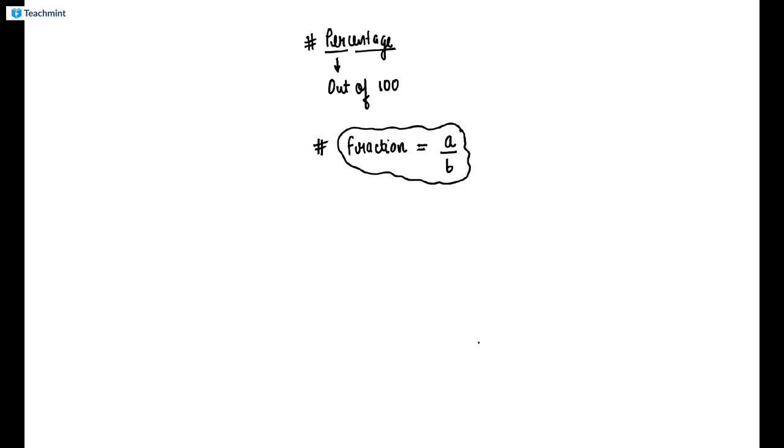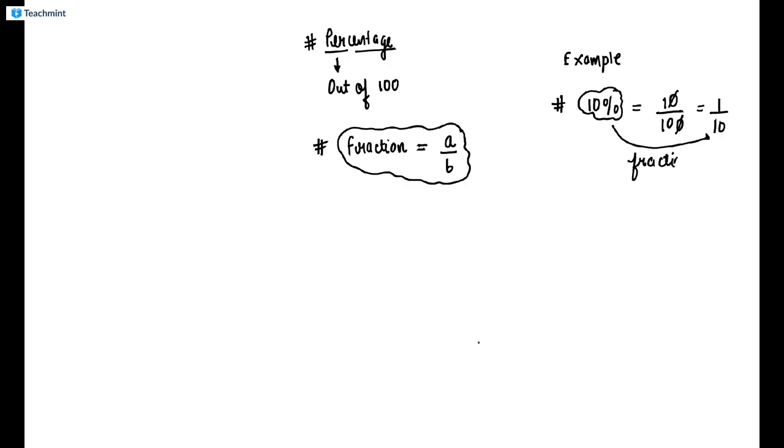See, for example, if you write 10 percent, what will you write? Percentage means out of 100, so 10 by 100. So it is 1 by 10. So see, the data is in percentage and we can convert it into a fraction.